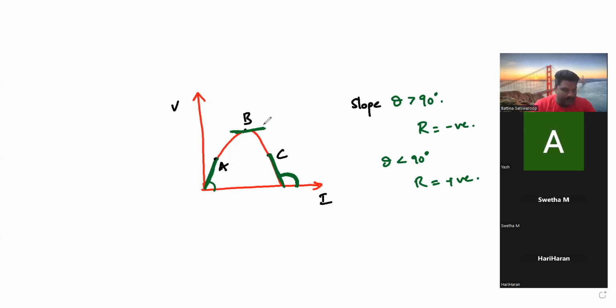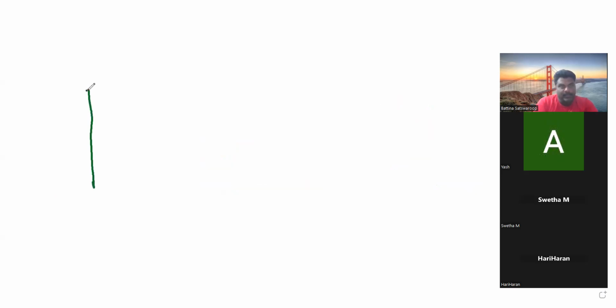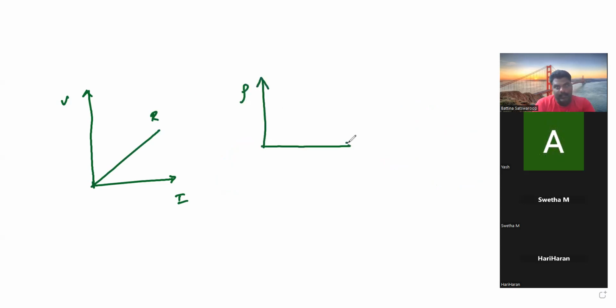Next one, current electricity. Ohm's law graph I have already shown: V, I, and this is R. And for resistivity and temperature, this is for conductor.